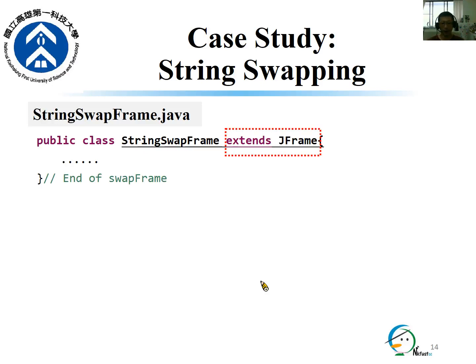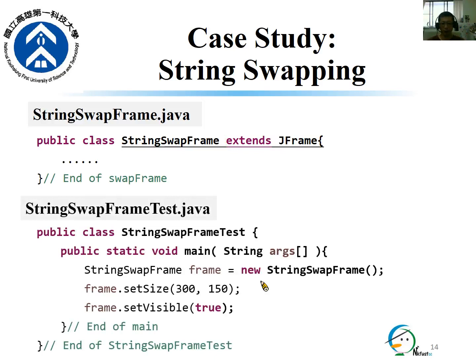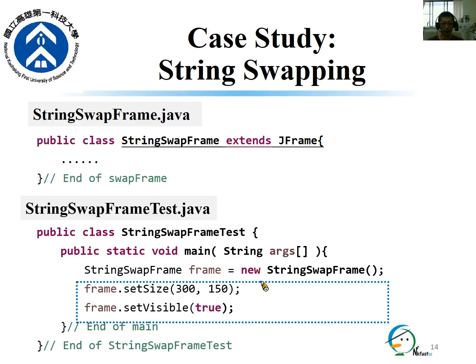Then we declare a class called StringSwapFrameTest that defines the main method to create a StringSwapFrame object and displays it by calling the setSize and setVisible methods. In the following, we will talk about the 4 steps mentioned before to complete the Java event handling program.